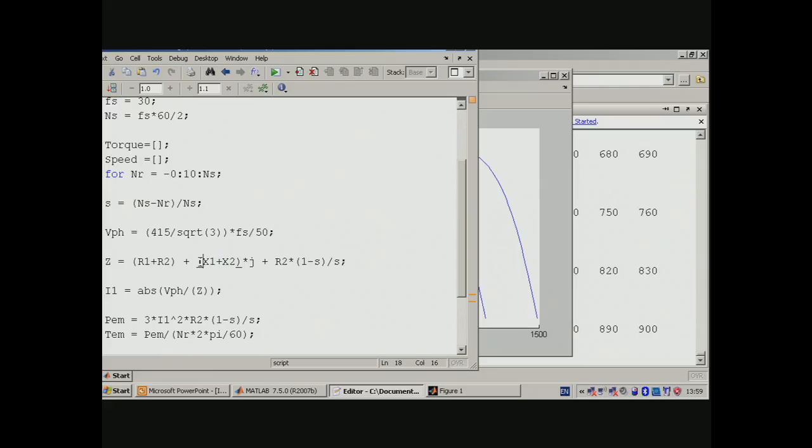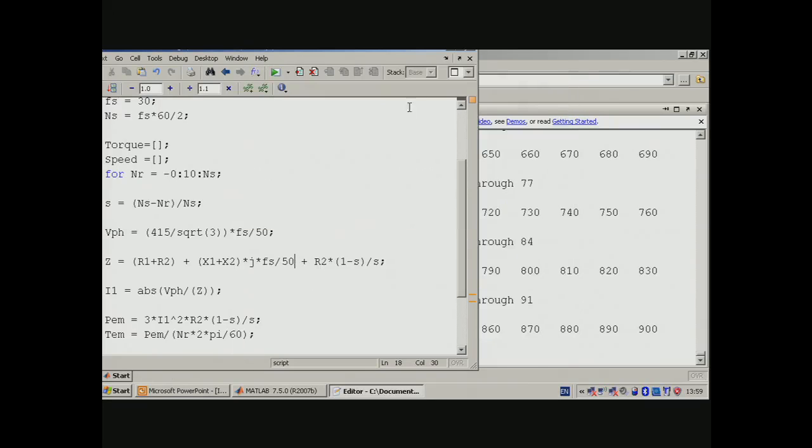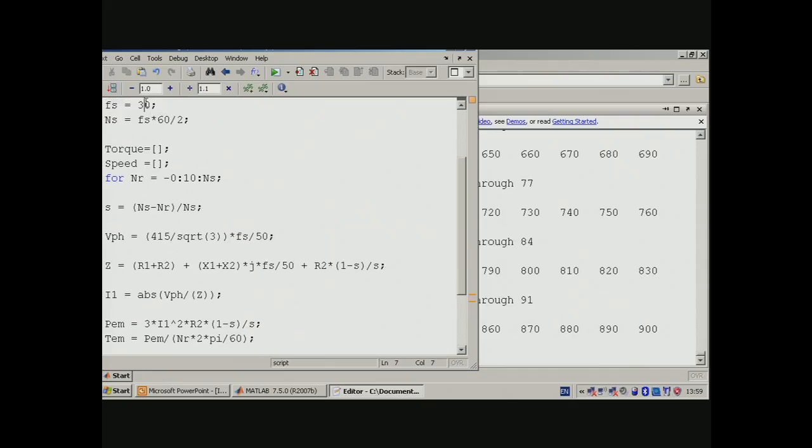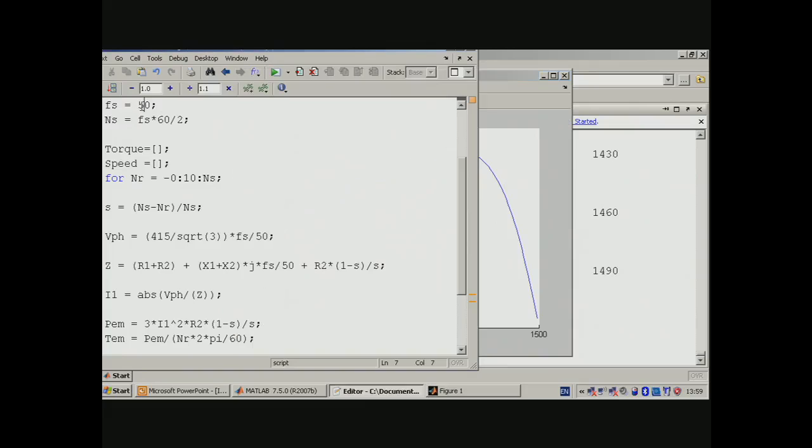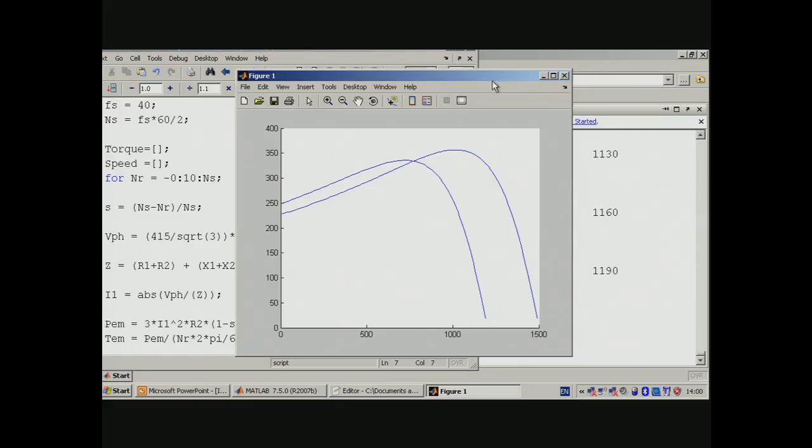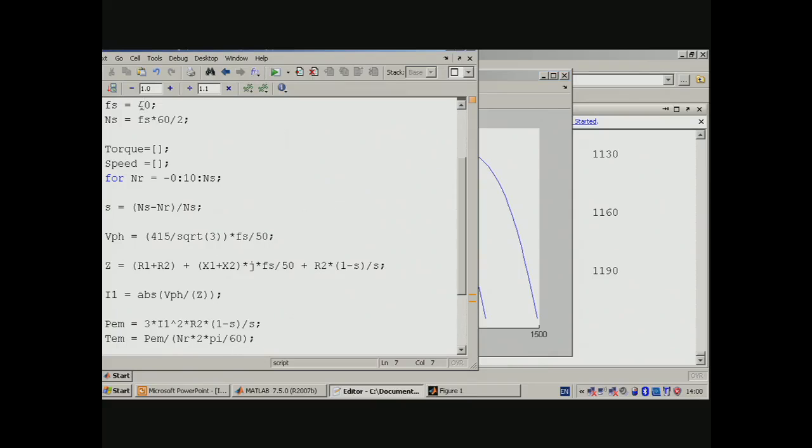So we have to scale these values by Fs over 50 for the reactances. With frequency, the reactance values will change as well. So if it's 50 Hertz, you have this, and then 40 Hertz, it's fairly similar peak torque, and then 30 Hertz.